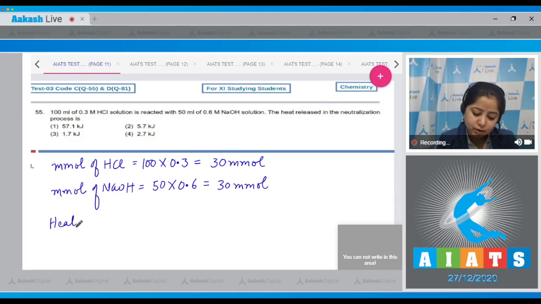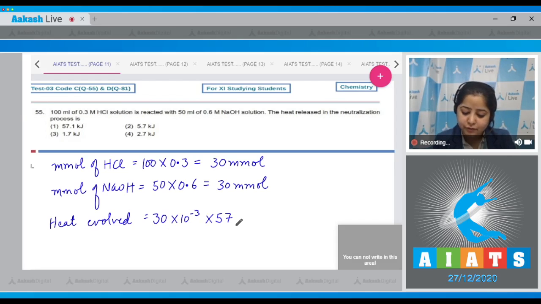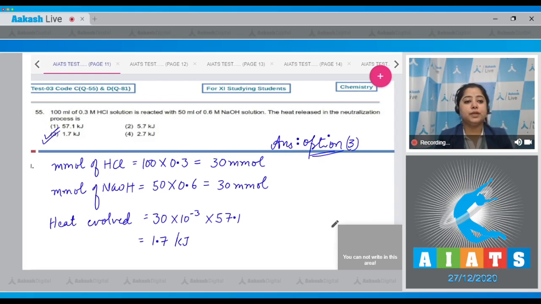So heat evolved in the neutralization process will be 30. Now we'll be converting this into mole. So 10 to the power minus 3 multiplied by 57.1, which is equal to 1.7 kilojoules. That means the correct answer is option number 3. So here I'm writing option number 3. Moving to next question.